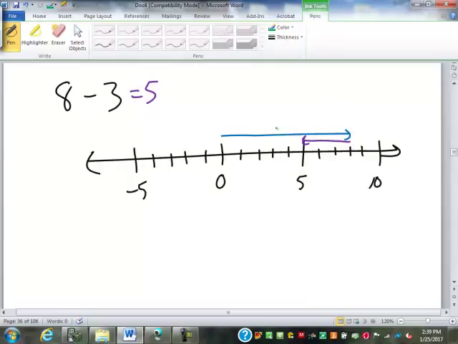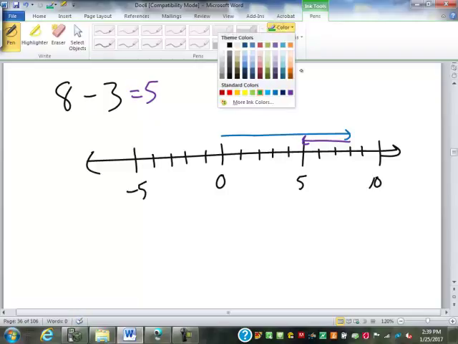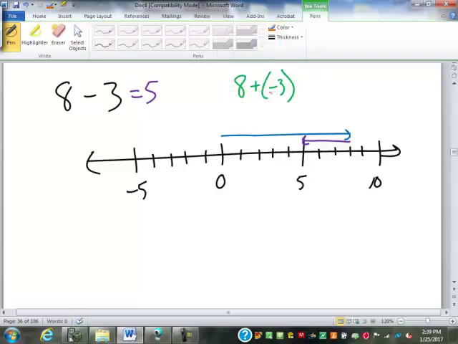Looking at this picture, however, that's the same illustration as 8 plus a negative 3. And we talked about that definition of subtraction. Remember, the subtraction symbol works with the number that comes after it. Minus 3 is really saying add the opposite of 3. The opposite of 3 is negative 3.